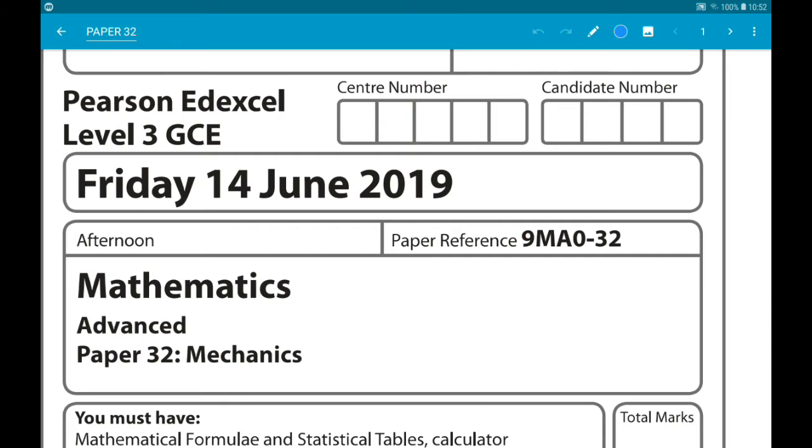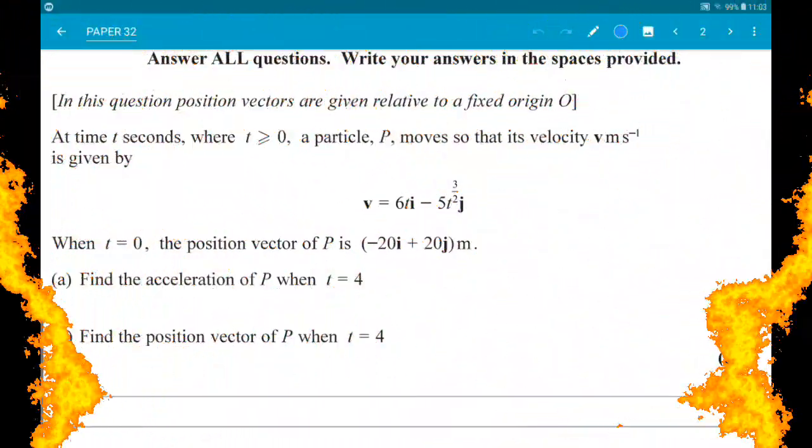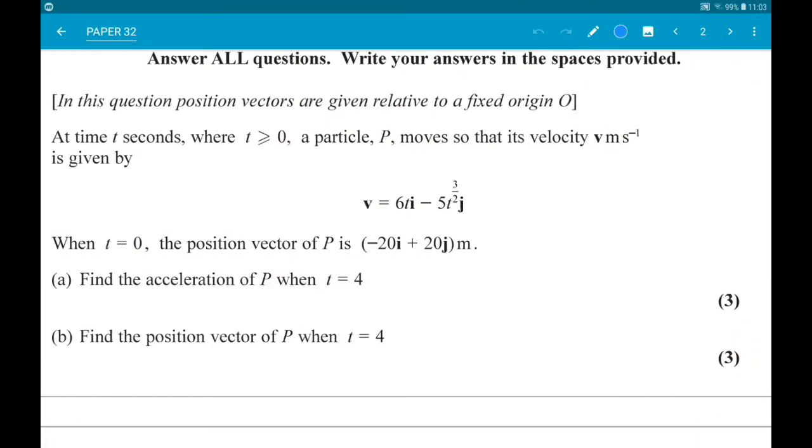Question 1. At time t seconds, where t is greater than or equal to 0, a particle P moves so that its velocity, v meters per second, is given by v = 6t i minus 5t^(3/2) j.